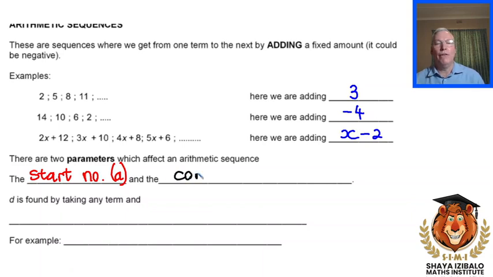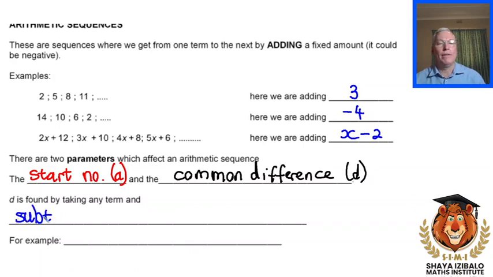As the word says, common difference, it's the difference between any two terms. It also is really important, so we call it D. And the way we find D is by taking any term and subtracting the term before it.